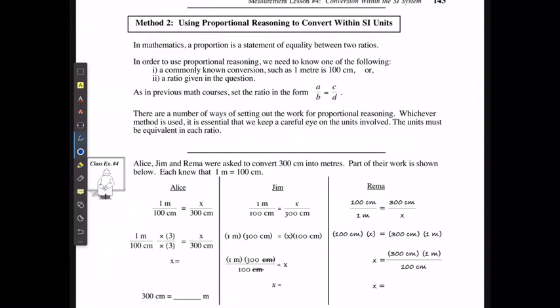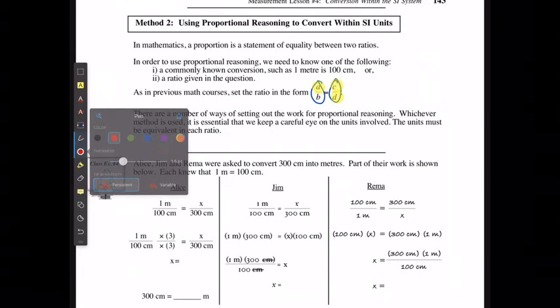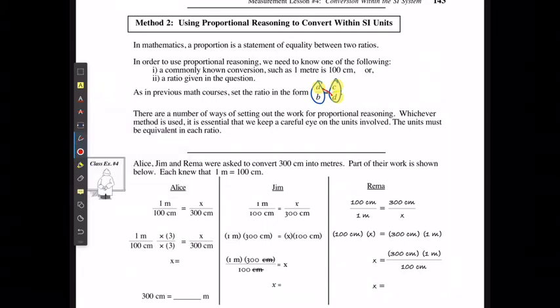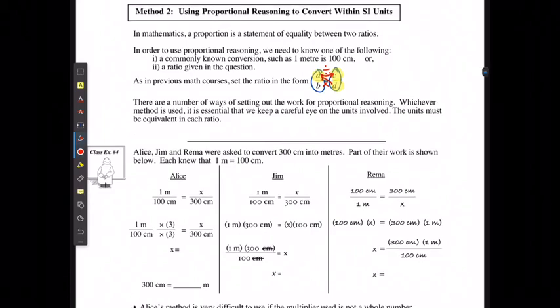So if I have A over B and it's equal to C over D, if I know 3 of these values, I can solve for what the last one would be using cross-multiplying. Multiply the diagonal and then divide the horizontal, or divide the vertical.